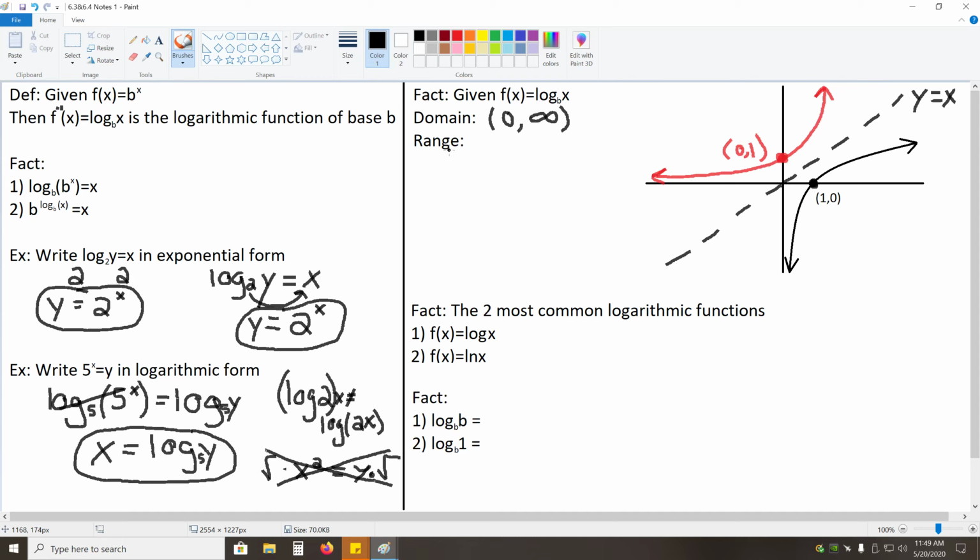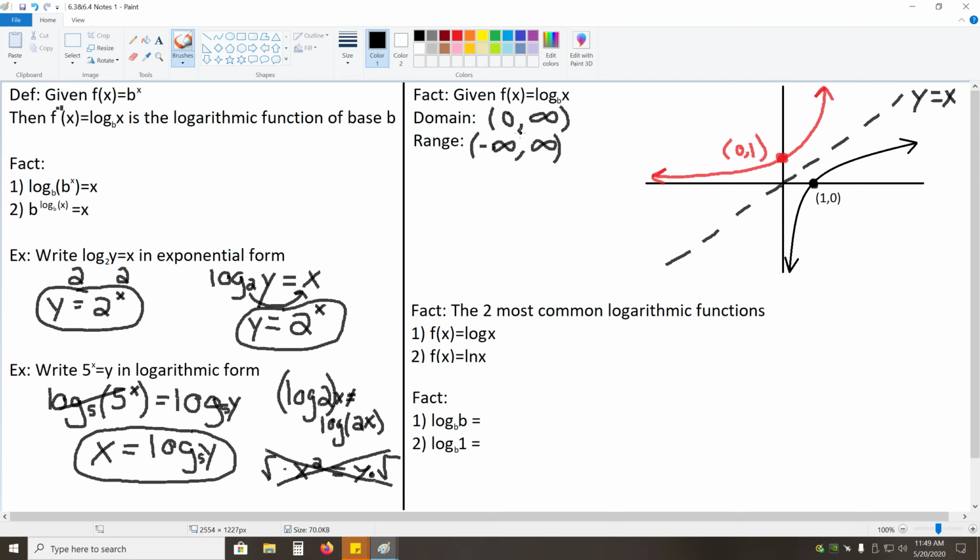And now for the range, it starts all the way at the bottom, which is negative infinity, and then it goes all the way up because of this arrow, so to positive infinity.